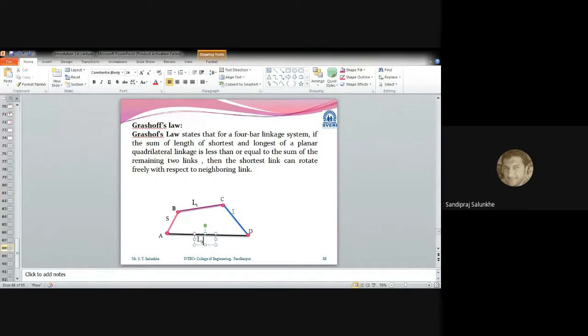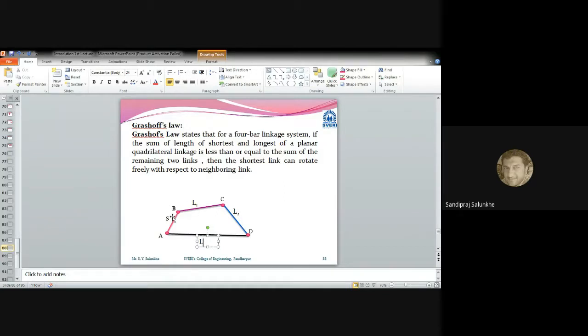Okay, and this CD is having L2 length, and AB is having length equal to L. Okay, where S is the shortest length link, and AD is the longest length link.